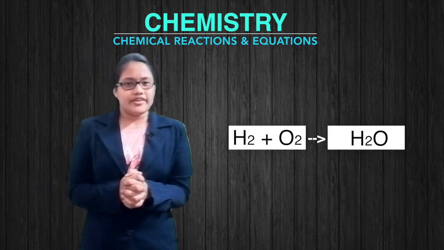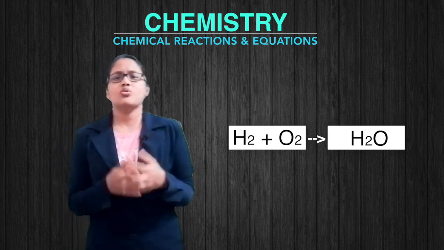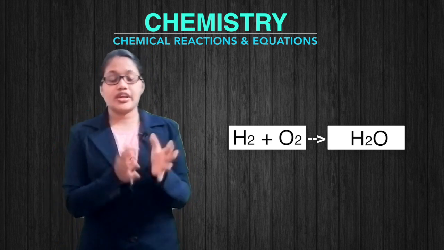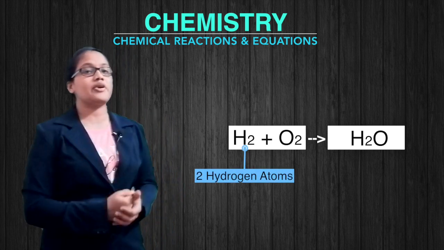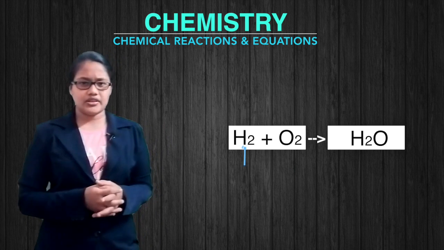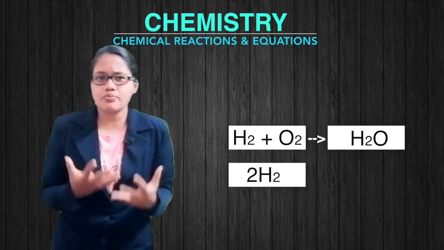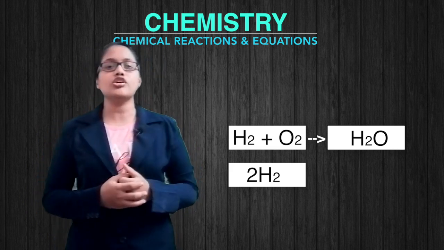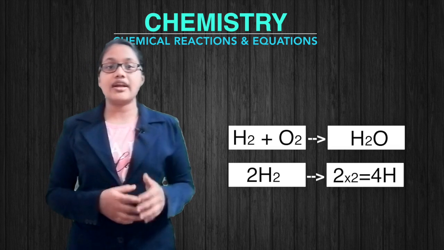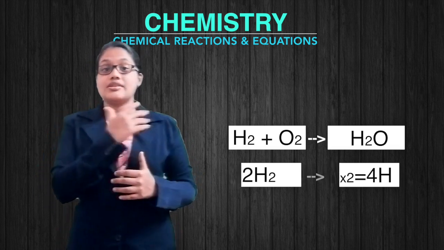You might be wondering how we have to count these atoms. So when we take H2, it means there are 2 H atoms present in it. But if it is 2H2, we have to multiply the number written on the left side of the molecule with the number written at the bottom or as the subscript on the element's symbol.